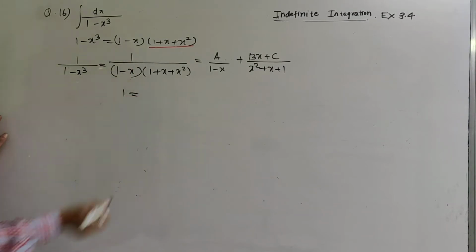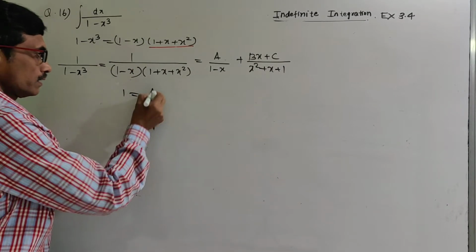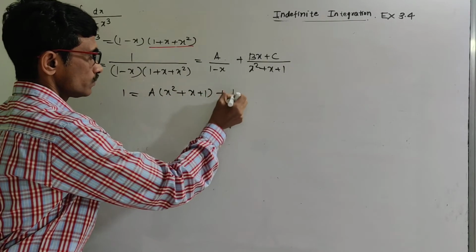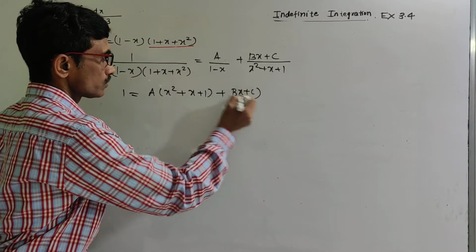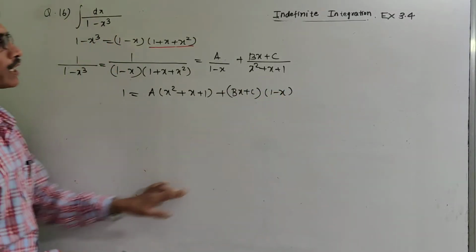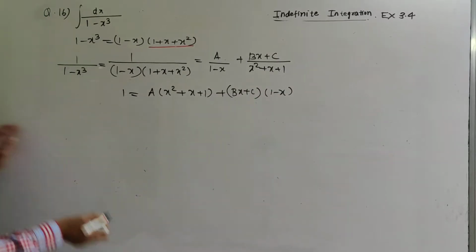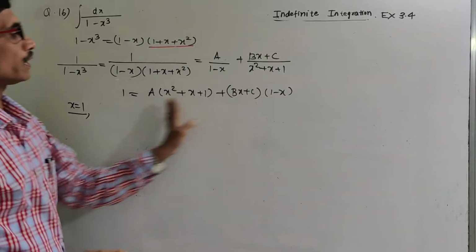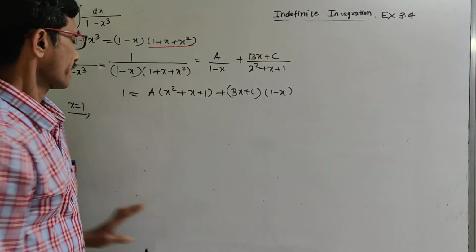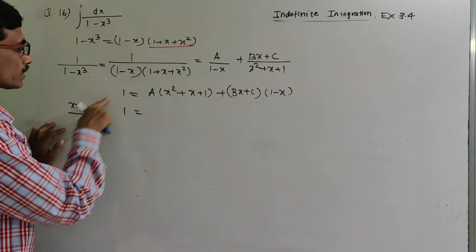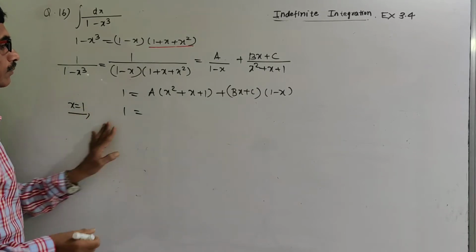Your numerator, this 1, equals a into x square plus x plus 1 plus bx plus c into 1 minus x. If you put x equals 1 over here, you will get a constant. The constant term makes no difference.